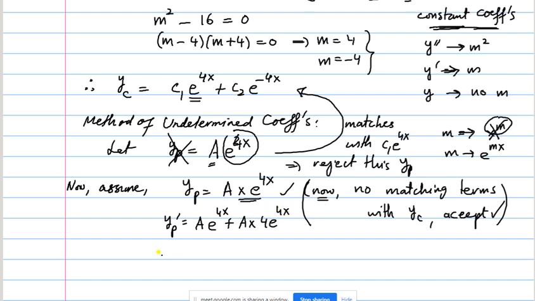This is your first derivative. Then the second derivative is a into 4e4x you got, plus here 4a is constant, but x and e4x will again give you the product rule, plus x 4e4x. So you have to use the product rule here.